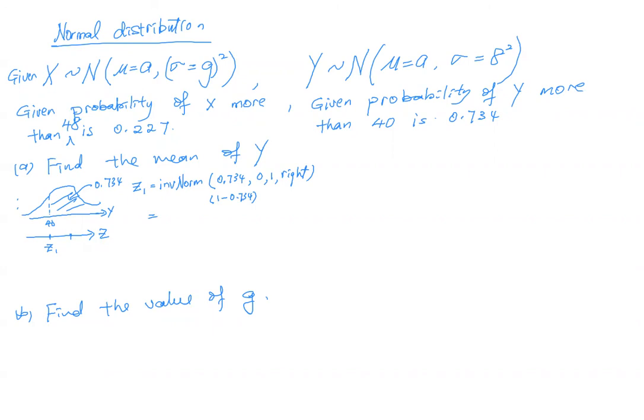Okay, Queen, can I have the answer for my Z1? I'm reading the calculator. You go to inverse norm. 1.624. Cannot be 1.624, you have to be negative. Negative 0.6. Does your calculator have right or left?